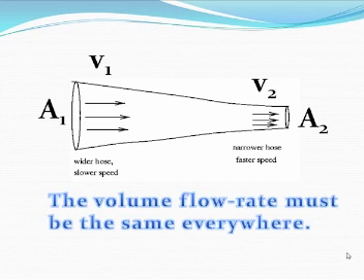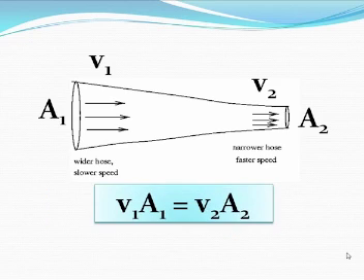Therefore, this is the very simple equation. It would be A1 V1 equals A2 V2, meaning the wider the hose, the slower the speed. The narrower, the faster. Have you ever put your thumb on a garden hose and made it spray really fast? There's the formula, and it's easy to understand.